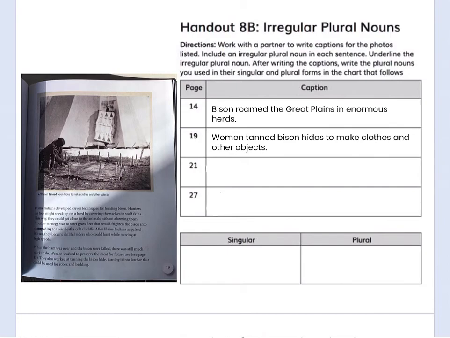Our irregular plural there is women. So we already had bison. Then we have women with an EN as the plural. So one would be, right, woman. One woman, many women. So again, pause the video here if you need more time to write the caption for page 19. Women tanned bison hides to make clothes and other objects.